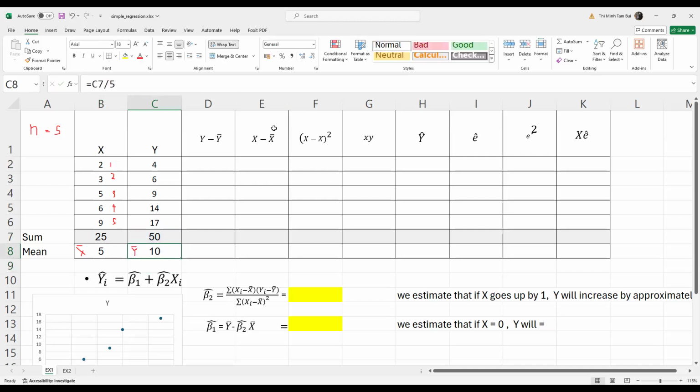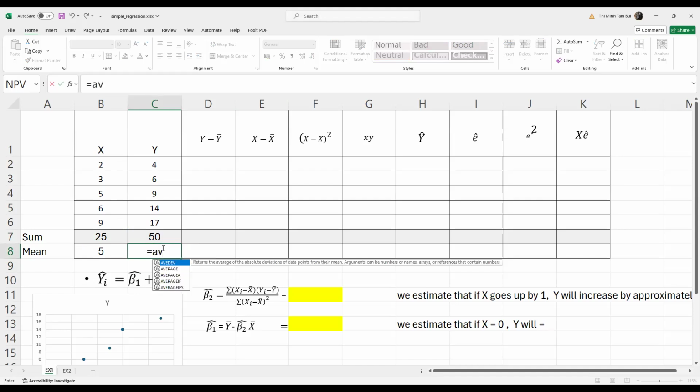Or, if you would like to work effectively, you can use equal AVERAGE of all 5 numbers. Do not choose sum.